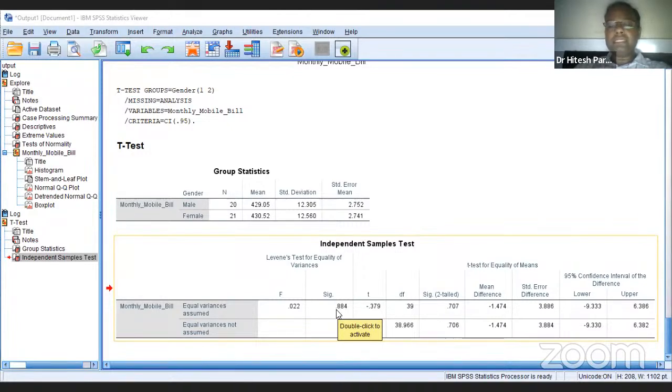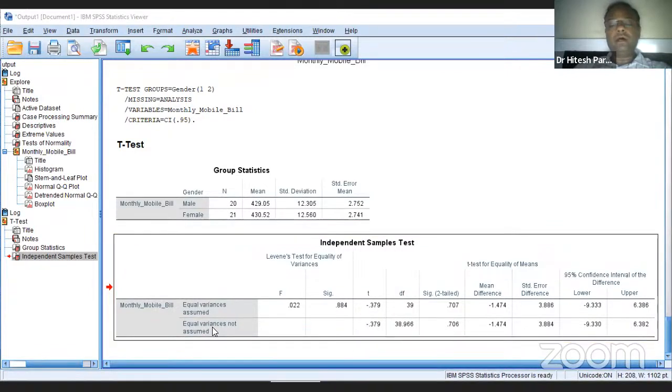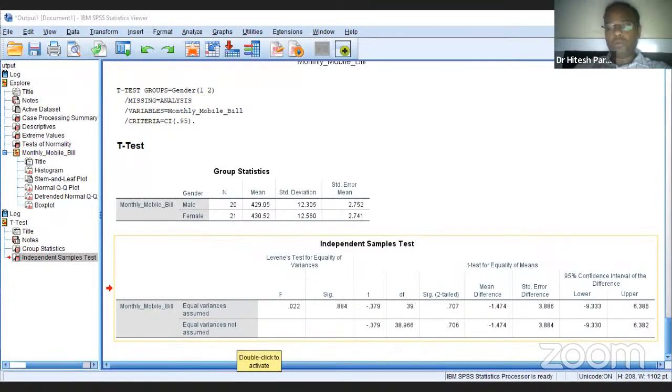If the Levene's test p-value is less than 0.05, interpret the result of row number 2. Check the p-value of the t-test. If it is less than 0.05, interpret it as a significant difference. If the p-value is greater than 0.05, interpret it as no significant difference.